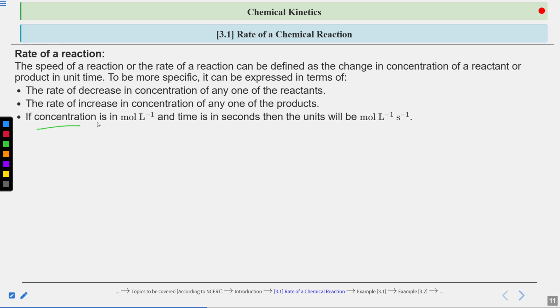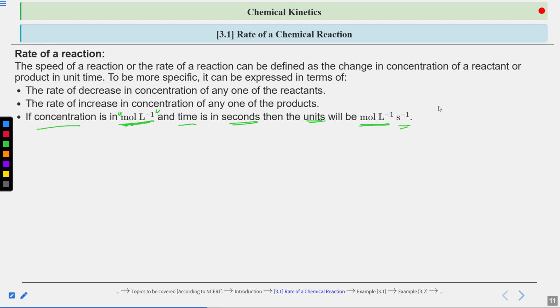If concentration is in mole per liter, that means we are talking about the unit of the concentration. If the unit of concentration is mole per liter and the time is in seconds, then the unit for the rate of a reaction will be mole liter inverse second inverse, right?